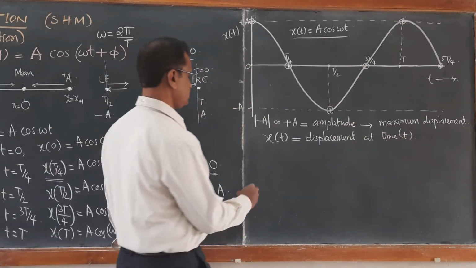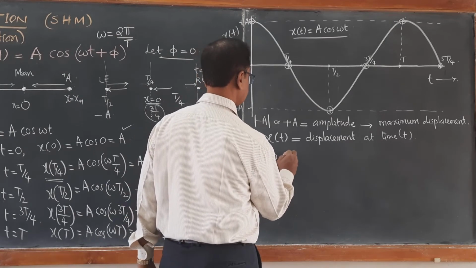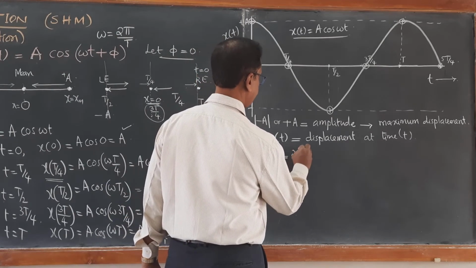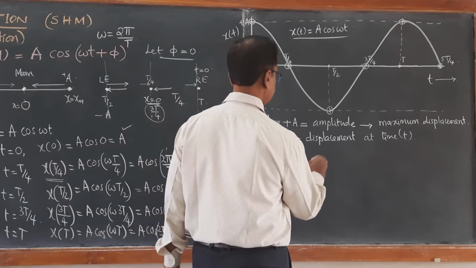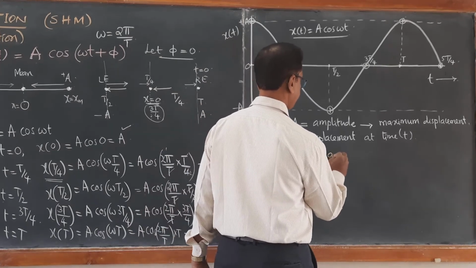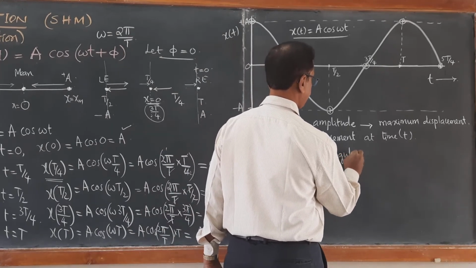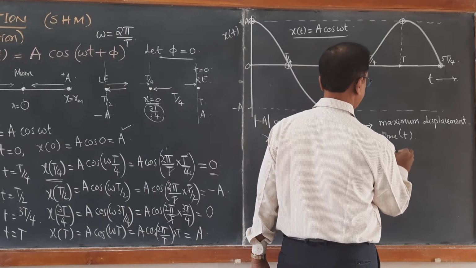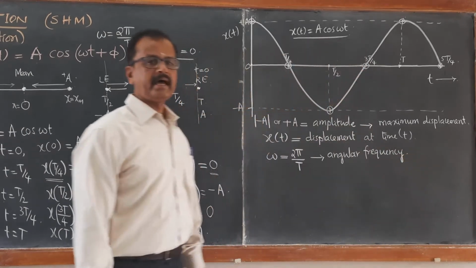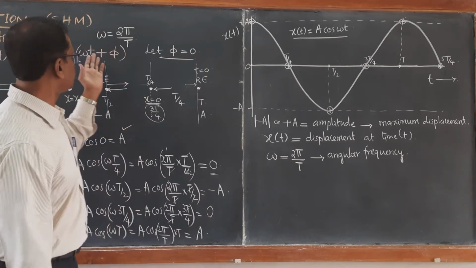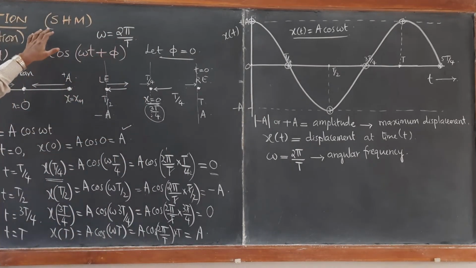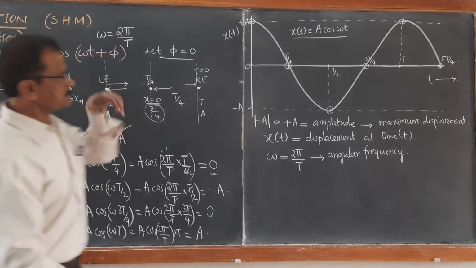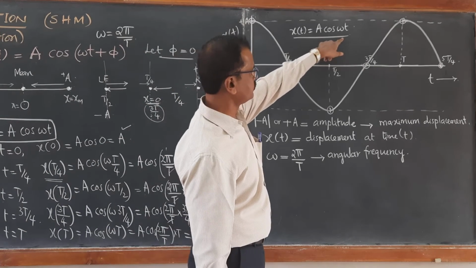Then what is omega? Omega equal to 2π/T is called angular frequency. So for the cos function, this is the equation. In this equation, we have found out what the time period is.